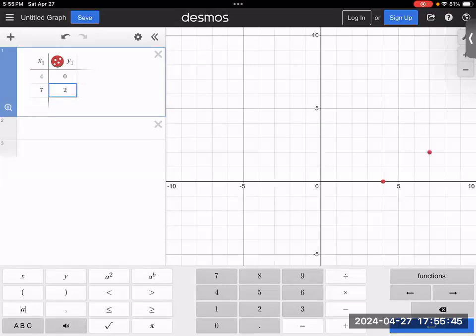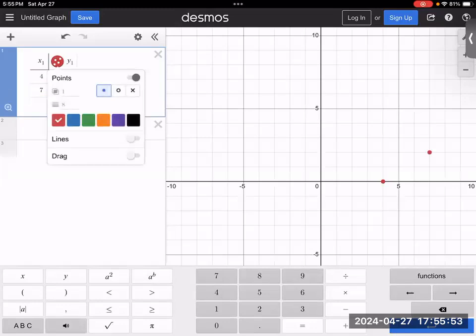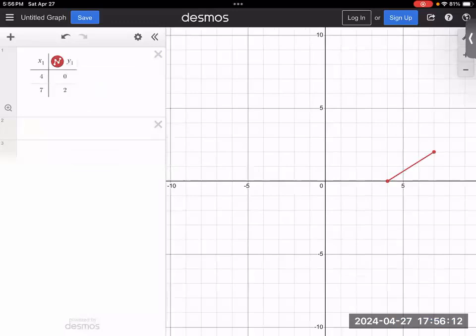Now in order to get these values to connect, we are going to hold down that red dotted figure, and we are going to put a line through it. From there, you can notice that it is now easy to see the next few values. So going up 2 and then over 1, 2, 3 to get to your point.